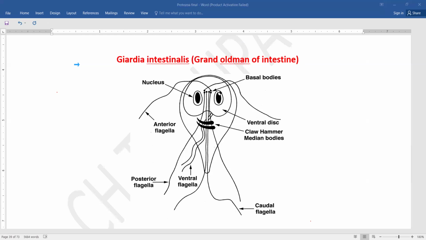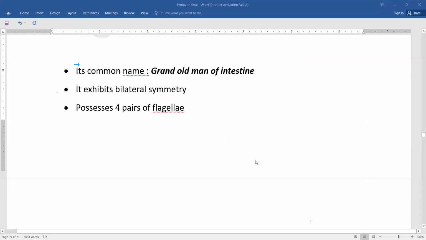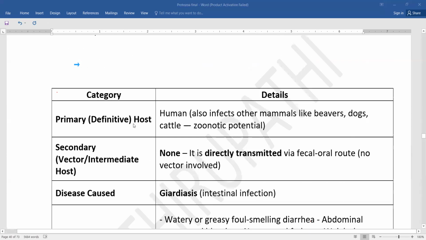There are two nuclei present which are equal in size. Okay, and there are four pairs of flagella present. That means 8 flagella are present, 2 nuclei are present. It is a binucleate organism. Anyway, so simply let's see its pathogenesis.